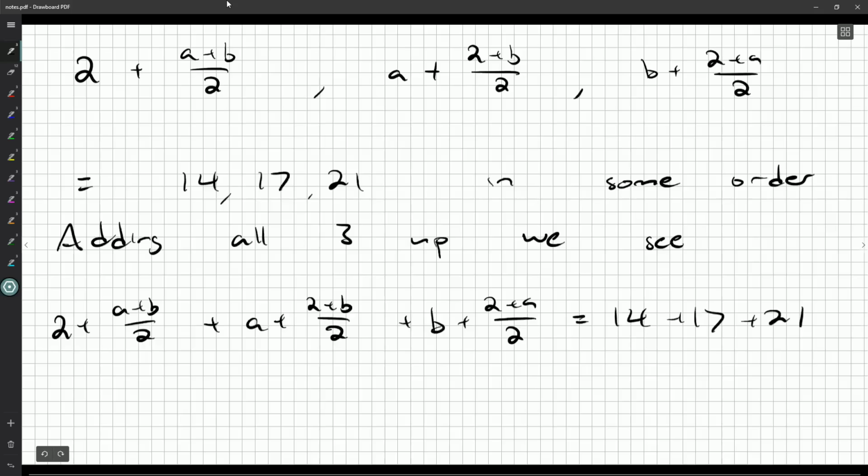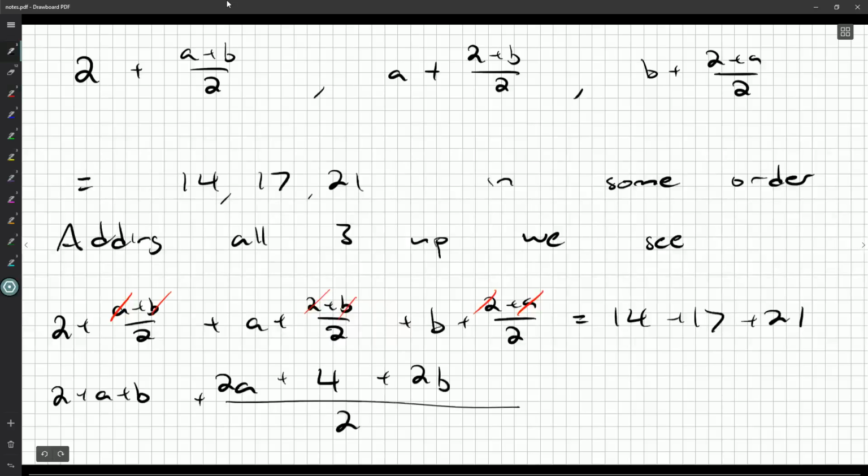All right, and then we'll get 2 plus A plus B, and then over 2, we've got 2 A's, this one and this one. We'll have 2 2's, so we'll write down 4, and then we will have 2 B's. 14 and 17 is 31, plus 21 is 52.